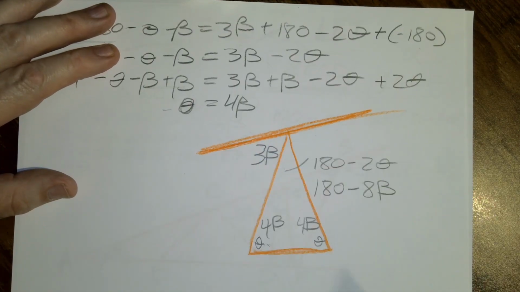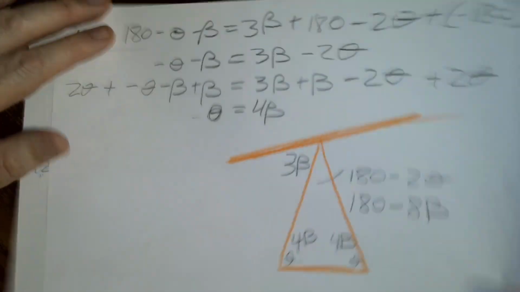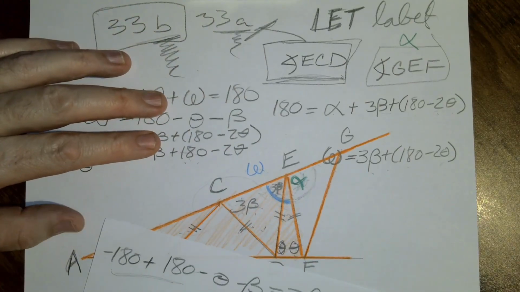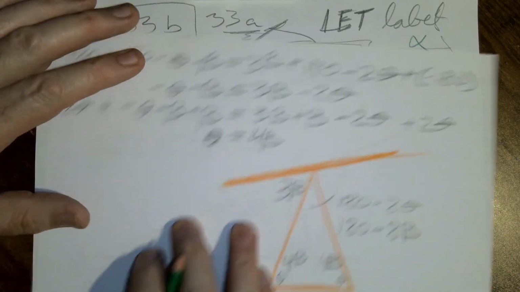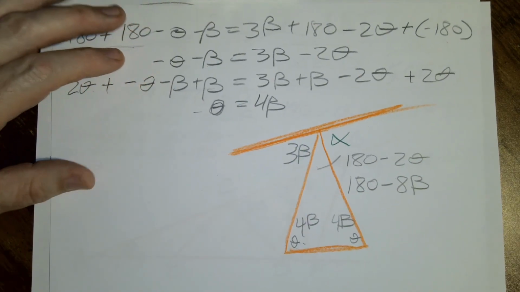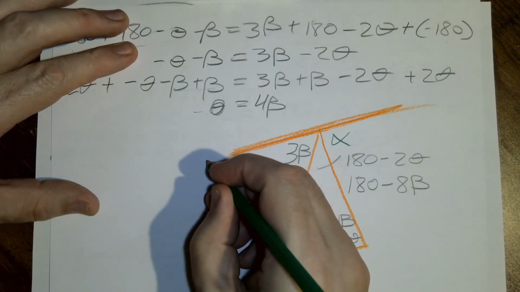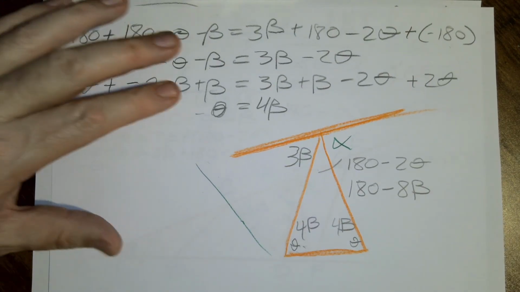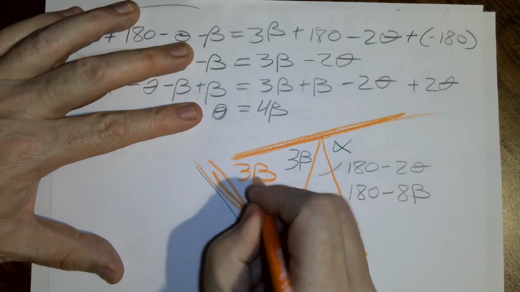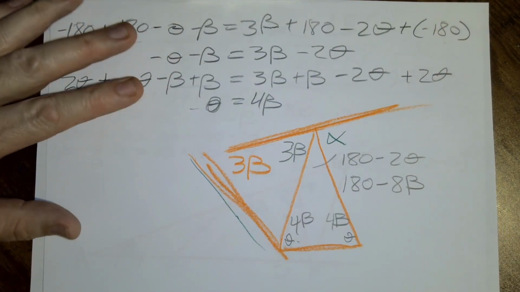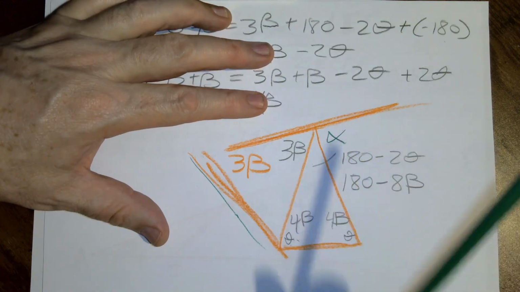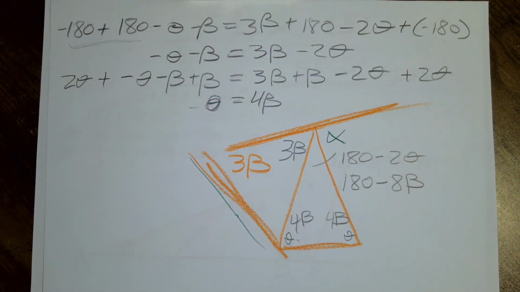And then effectively what we're looking for is this angle. This is why you should stop the video right now. We're getting right to it. Right? This is alpha. There's this other 3 beta over here. What's a good color for this?